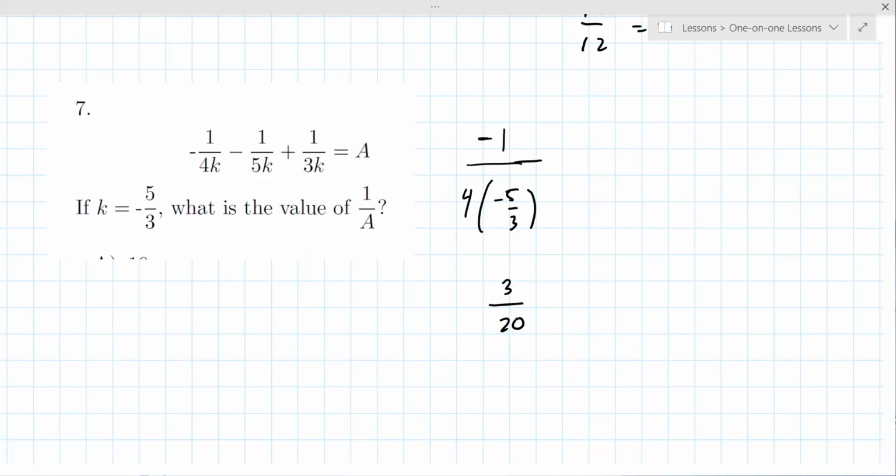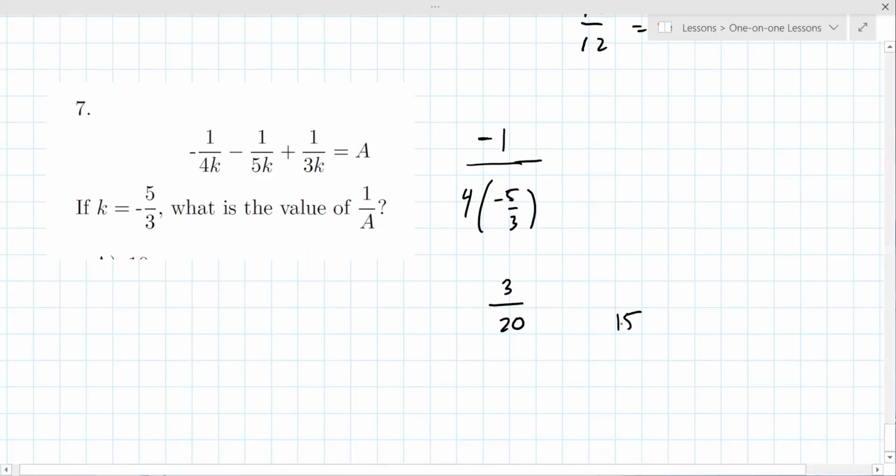Oh my, finding a common denominator is hard for these. 45. What's a quick way to find a common denominator of 15 and 20 and 25? So you said 25. Is that not right?